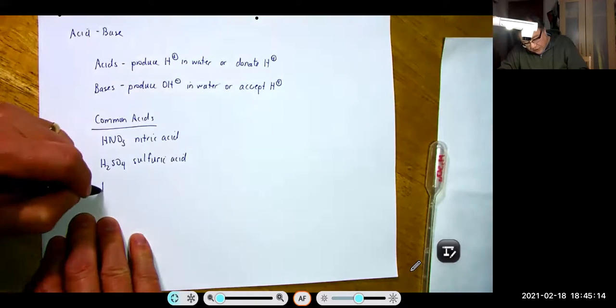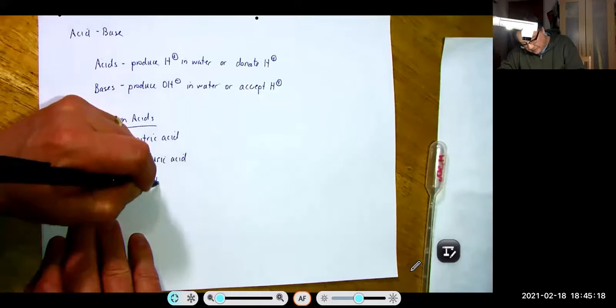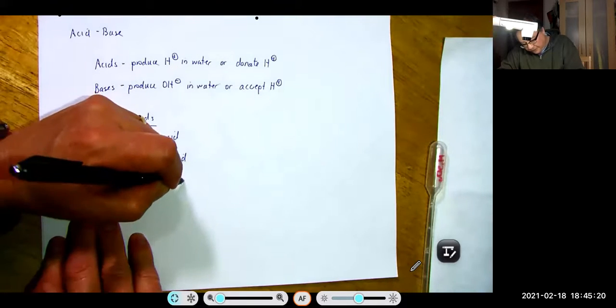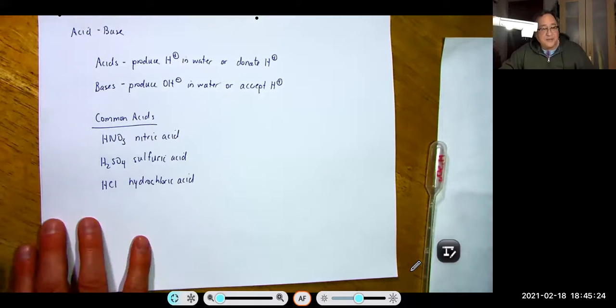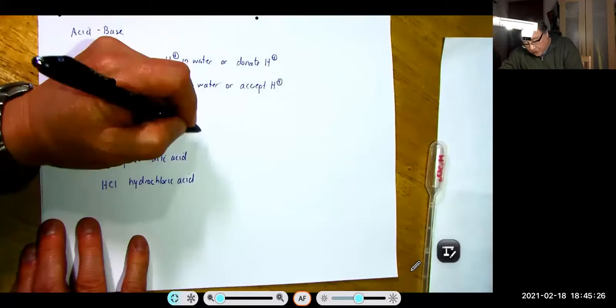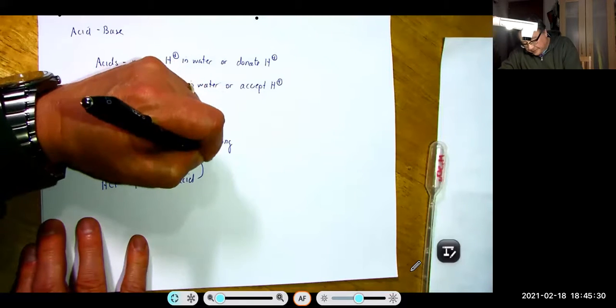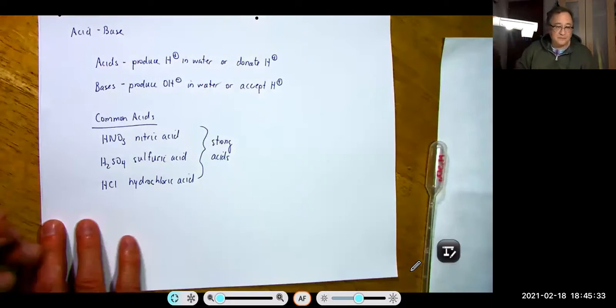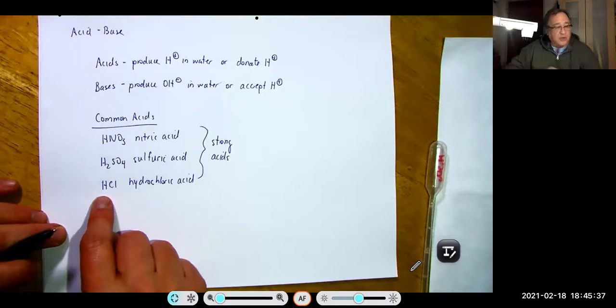This one is called hydrochloric acid. So these are some common acids. And these acids are what we call strong acids. This is the one that you have in your stomach, the hydrochloric.